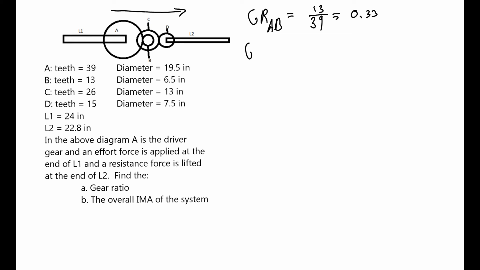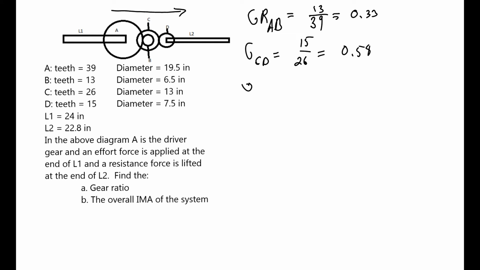And then for gear ratio CD, what is our out teeth? 15. And the input teeth? 26. And what's that equal? It's not going to be quite so neat. 0.58.